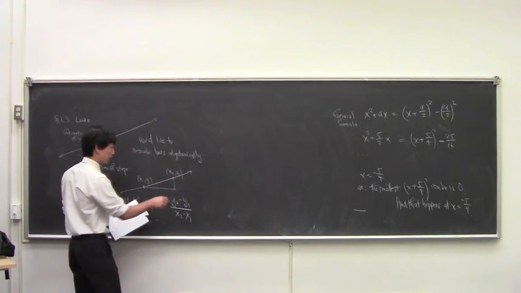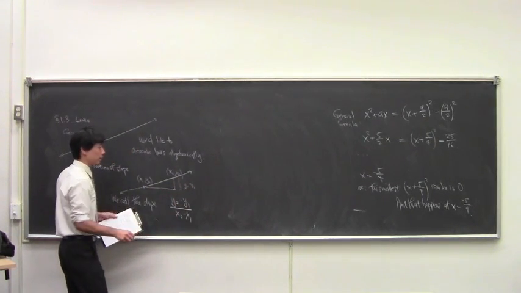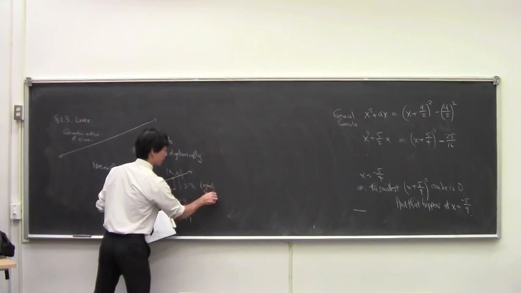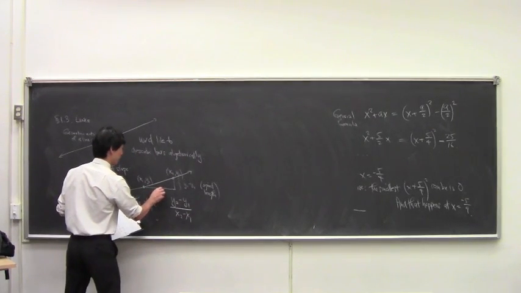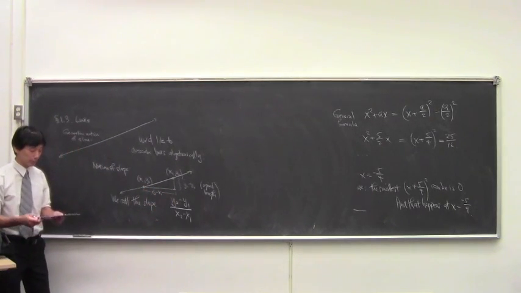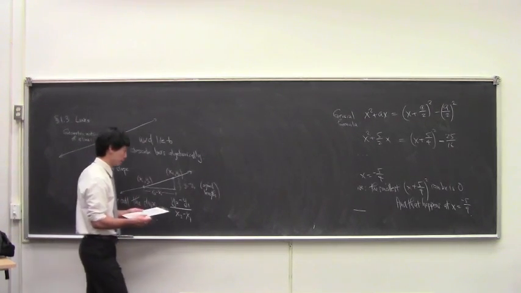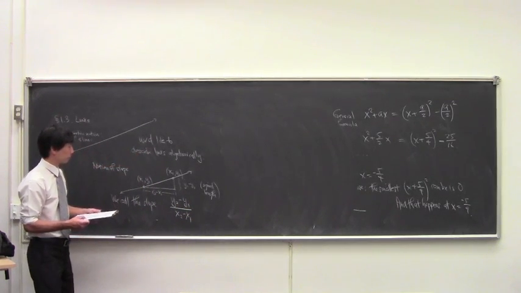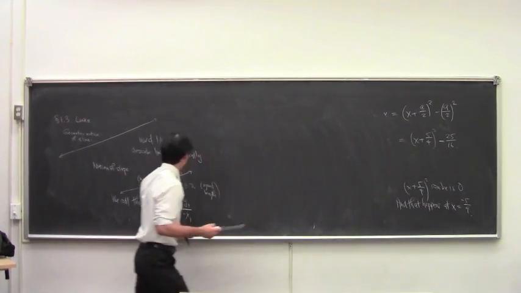So y2 minus y1 is this, but it has a sign on it. It's not a length, it's a signed length. It could be positive, it could be negative. x2 minus x1 is this, again a signed length. And the slope is the ratio of these signed lengths. That thing is called the slope.